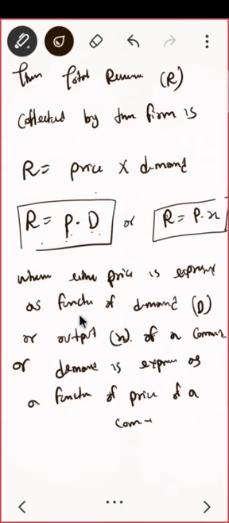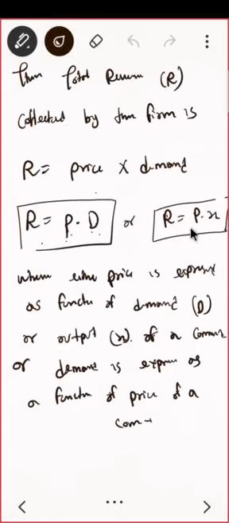And if I asked about average revenue, what will that be? What will be my average revenue? Yes, any guesses? What was average there? Total cost upon X, no? So here also it will be total revenue upon X if this is the case, otherwise it will be D. Correct?